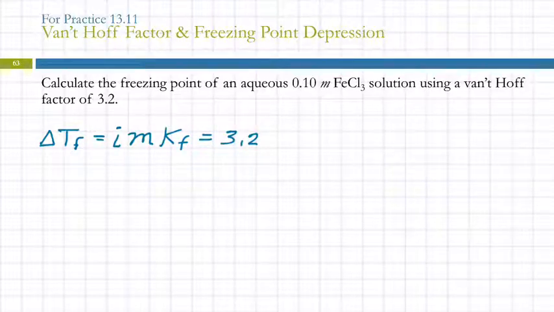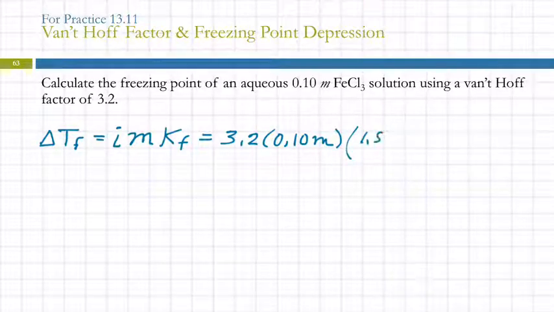The molality was also given, 0.10 molal. Such a stupid unit. And then we need Kf. Because I've been lecturing on this, I happen to remember that one. You would look that up in the table. This is the freezing point depression constant for water. It's for the solvent.